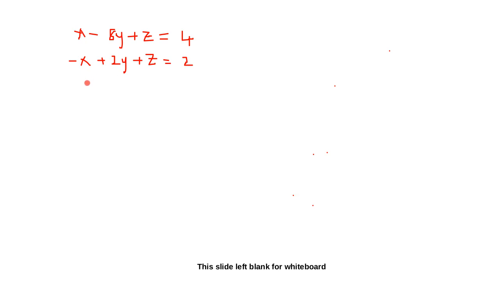Then we have x minus y plus z. We equate this to 1.